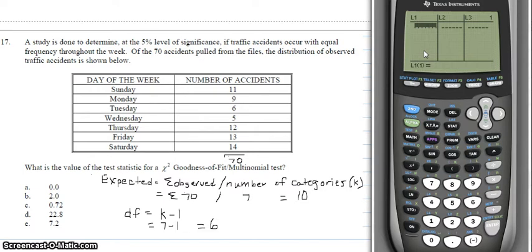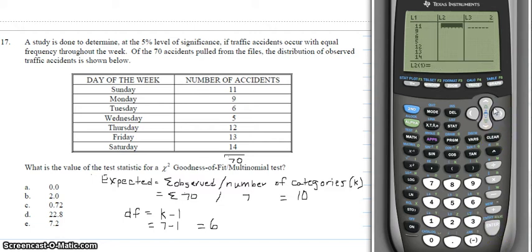L1 is going to be our observed, so it'll be 11, 9, 6, 5, 12, 13, and 14.